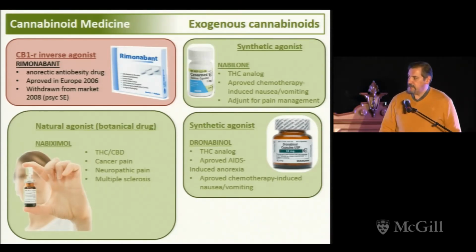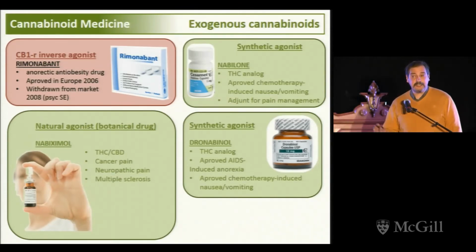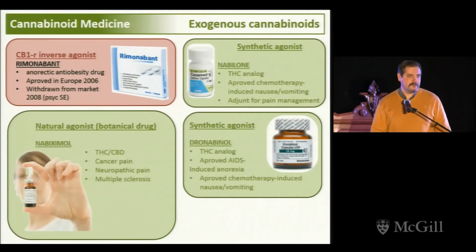Nabiximols is not a natural product, but it's taken from the plant directly, and it mixes two products that I'm going to be talking about now, THC and CBD, two of the main alkaloids present in the plant.